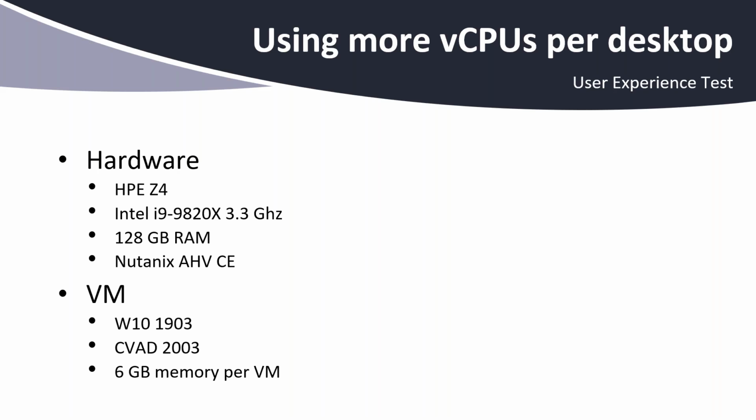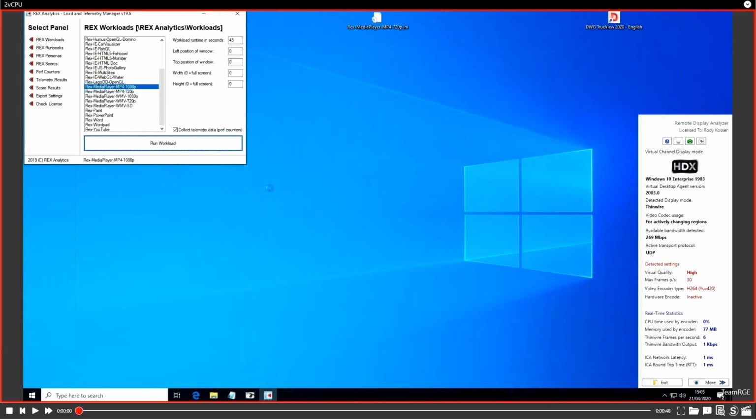We ran a VM with Windows 10, 1903, fully optimized, with Citrix Virtual Apps and Desktops 2003, the latest and greatest, so to say, with 6 GB of memory per VM. And I did a comparison between the 2 and the 4 vCPU.